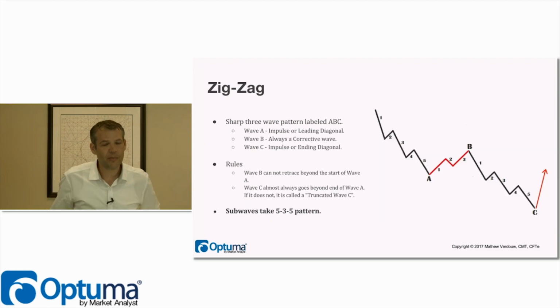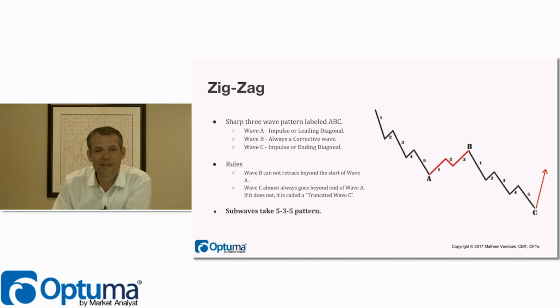So let's have a look at some of these corrective waves. The first one is a zigzag. Now again, see it in bold there, you must remember this. A zigzag corrective wave is made up of a 5-3-5 pattern.